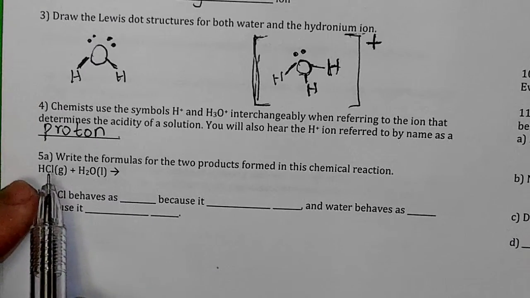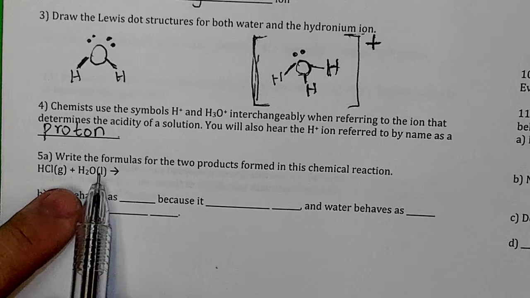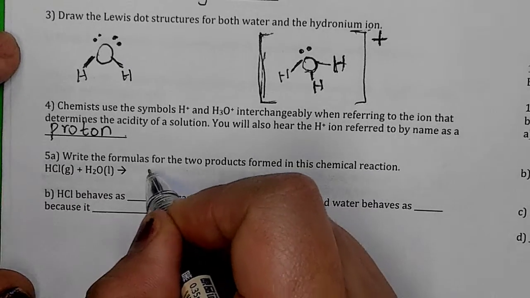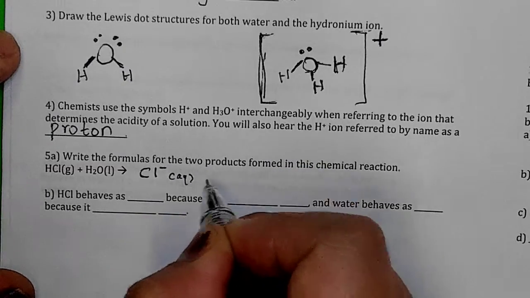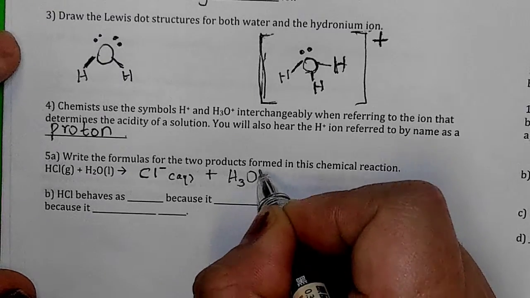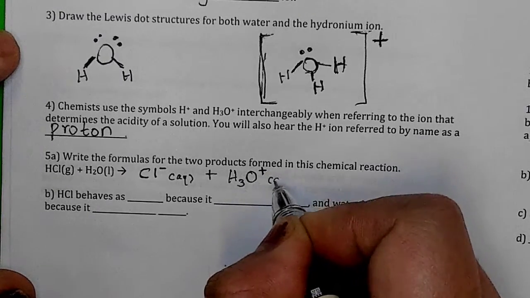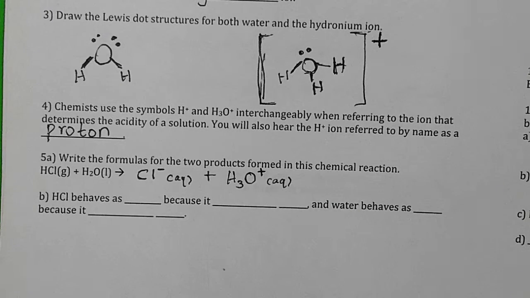So H plus is going to fall out of HCl and attach to the H2O. So you're going to have Cl minus, because it's aqueous, and then you're going to have H3O plus, and that's going to be aqueous.